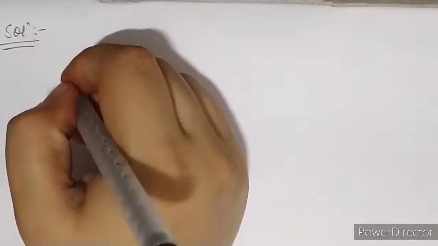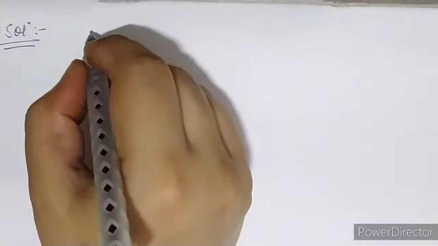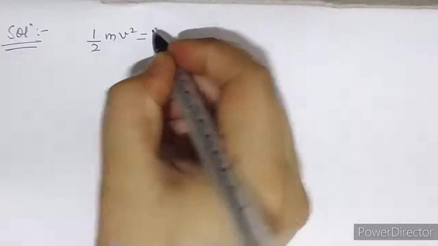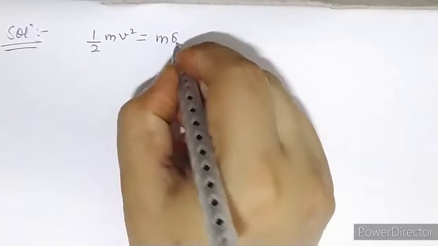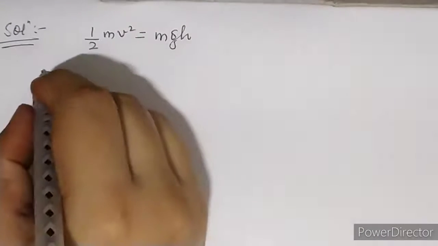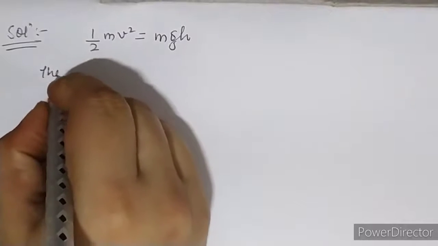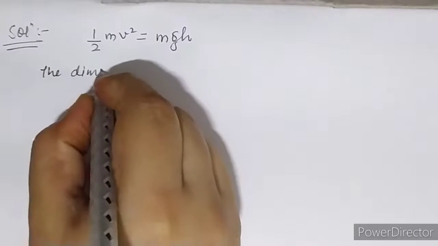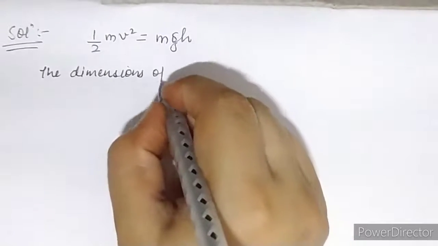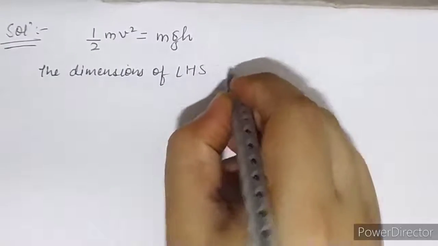So first of all I am writing the equation that has been given in the question, and the equation is half m v square equals m g h. This is your equation. Now first we have to write the dimension of LHS.